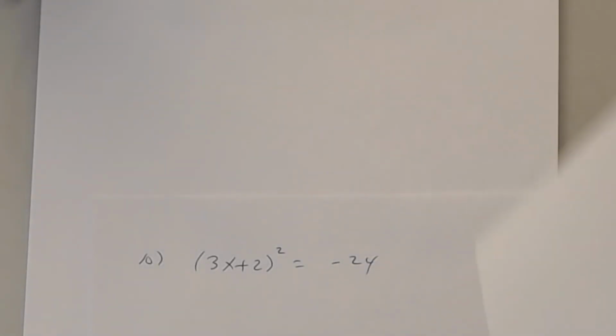First of all, before we even go on, am I going to end up with real solutions or imaginary? Imaginary, because you know you're going to be taking the square root of a negative 24. Okay. So is it in the form where I can take the square root of both sides? Yes. All right. So I'm going to go ahead and do that.